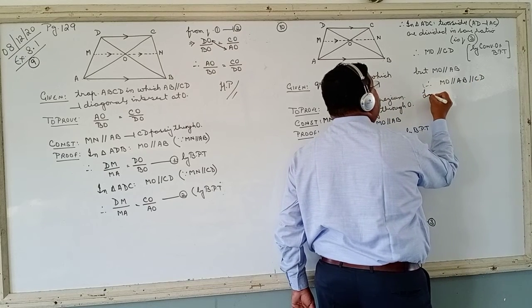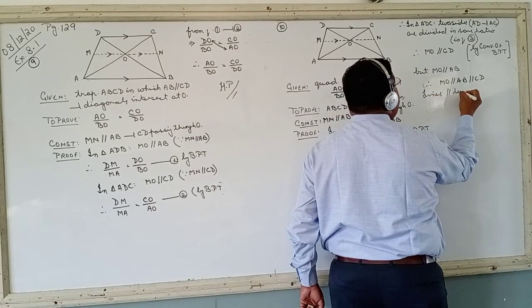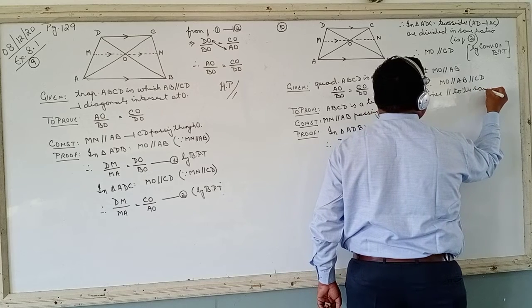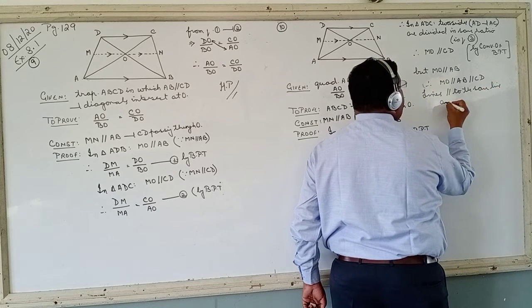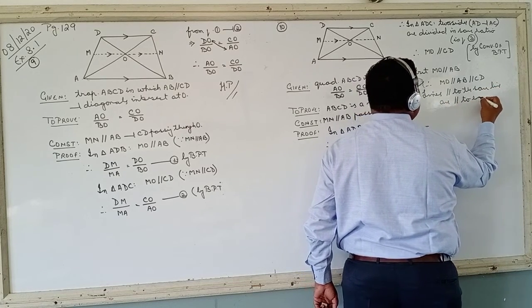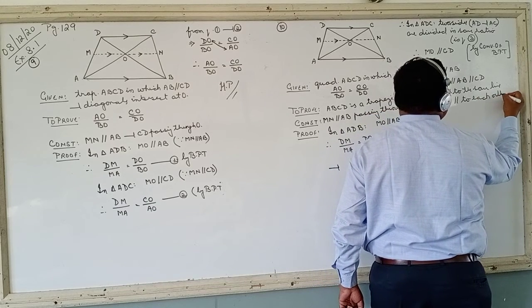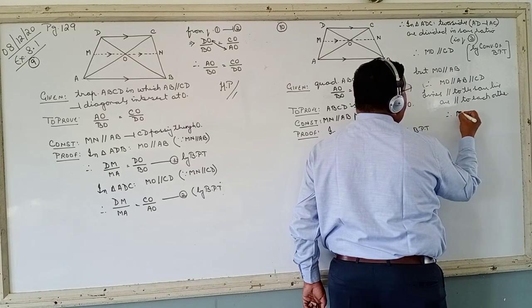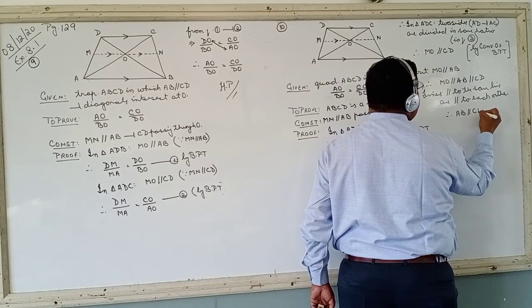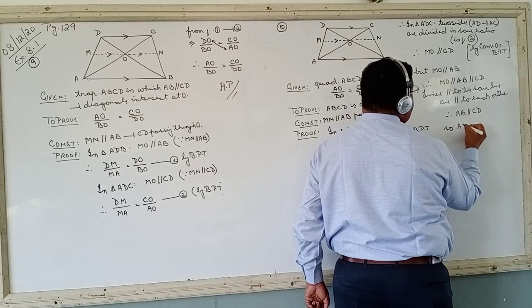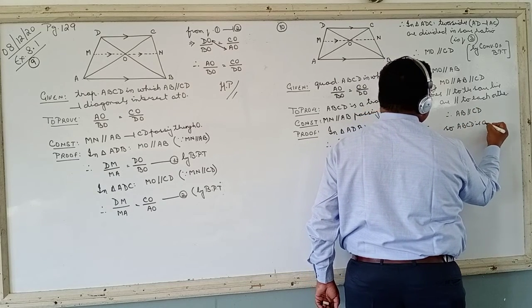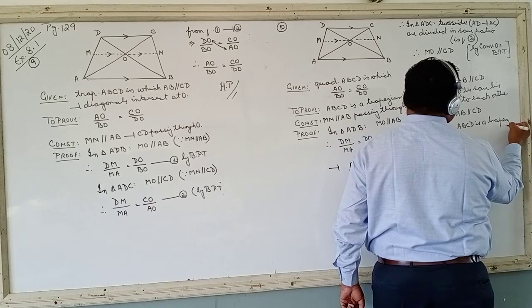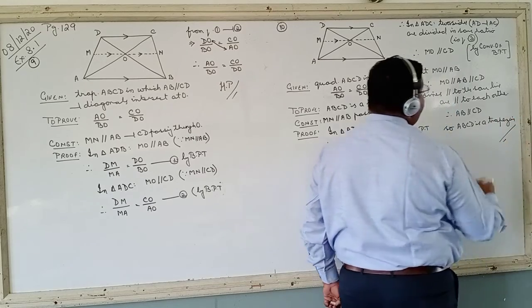Write down the reason: lines parallel to the same line are parallel to each other. So therefore AB is parallel to CD. So ABCD is a trapezium, hence true.